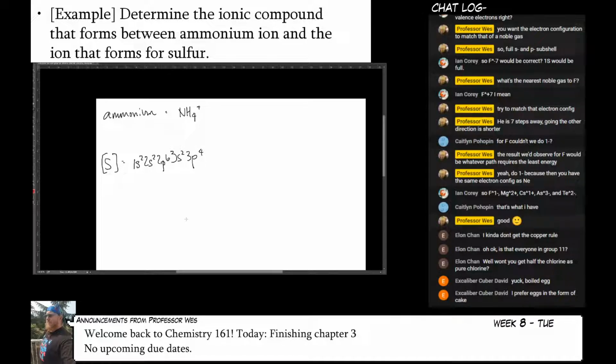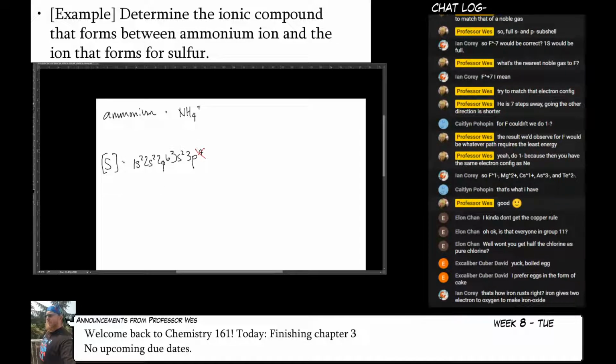So there's sulfur. If we change 4 to 6 here, then I have my full s and p subshell. I added 2 electrons, so this is the charge I form.